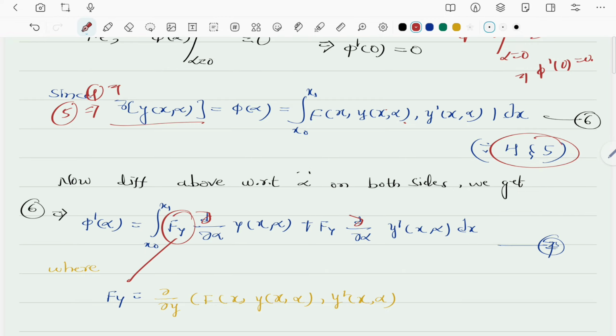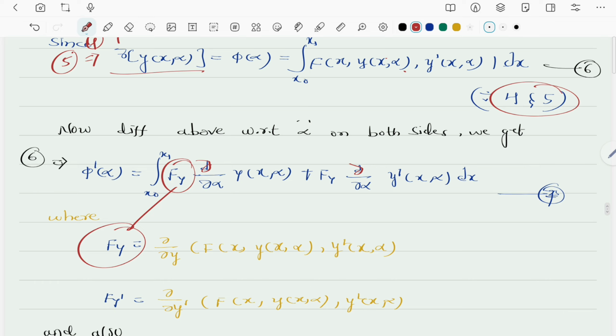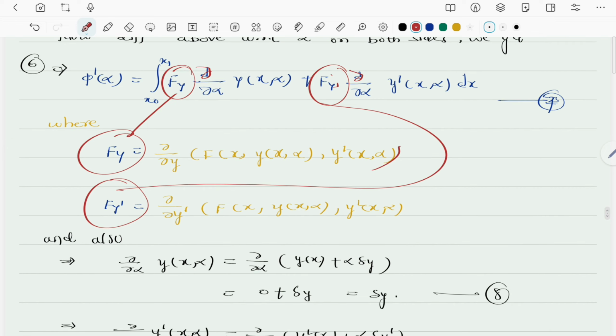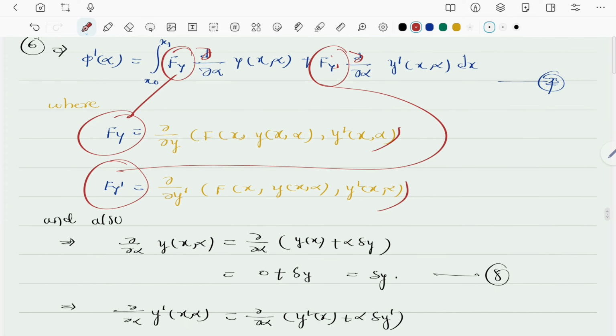Where here fy is the partial derivative of f of x comma y of x comma alpha comma y dash of x comma alpha with respect to y, and fy dash is the partial derivative of f with respect to y dash. Here we are partially differentiating with respect to alpha.